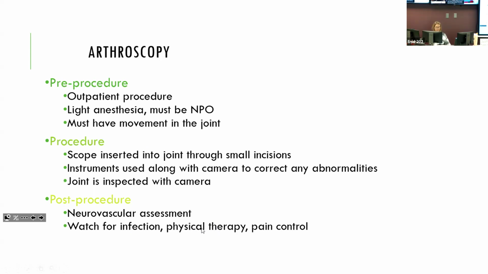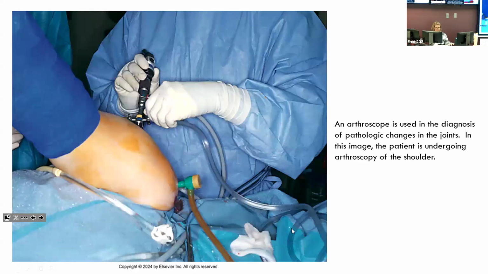Usually they can handle outpatient therapy or therapy through their doctor's office, where they can show them things to do. And then, of course, pain control. This is a picture of a scope in the shoulder, and it's used to diagnose pathological changes in the joints. In this image, like I said, it's the shoulder.